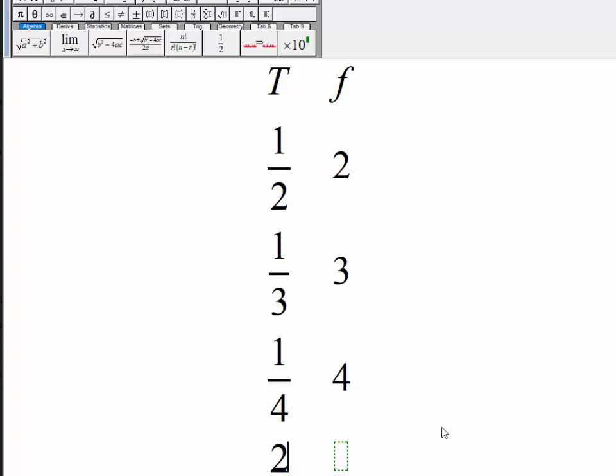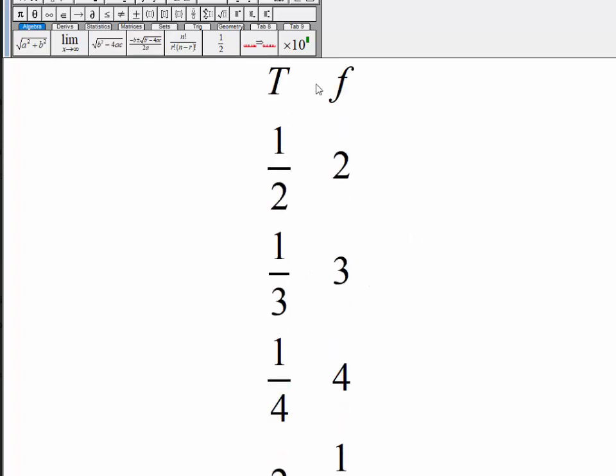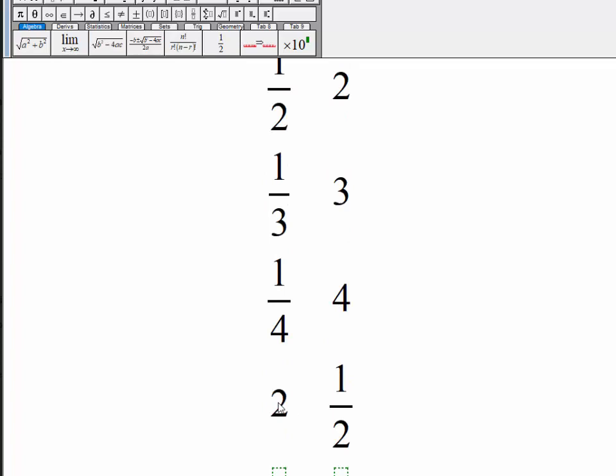Well, in an hour, I'm not even going to get all the way around it. I'm only going to go halfway. So notice that every number turns into its reciprocal. Time and frequency are the reciprocals of each other. 1/2 becomes 2, 1/3 becomes 3, 1/4 becomes 4, 2 becomes 1/2, etc.